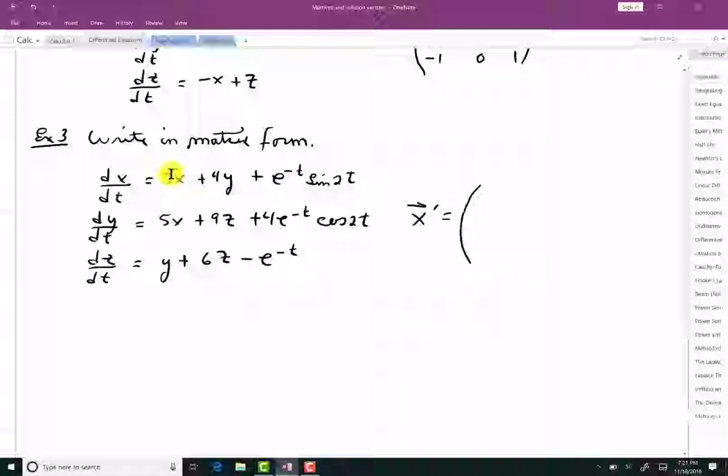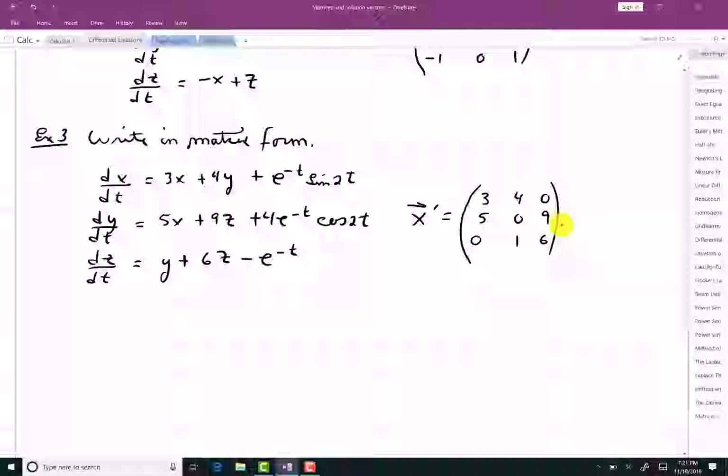So I have 3x, 4y, 0z. So I'll put a 3, 4, 0. Then I have 5x, 0y, 9z. 5, 0, 9. And then I have 0x, 1y, 6z. So 0, 1, and 6.